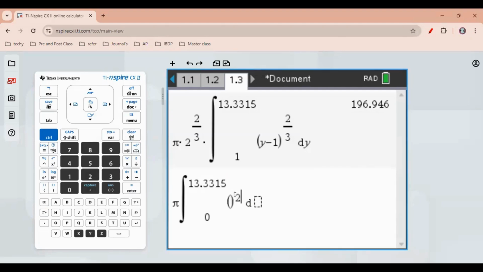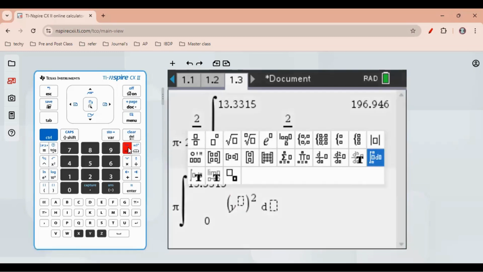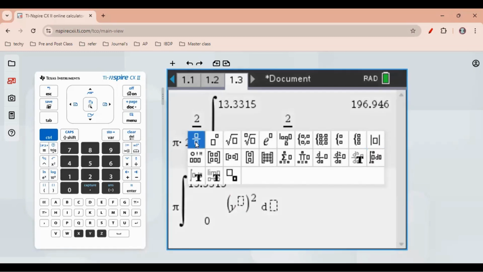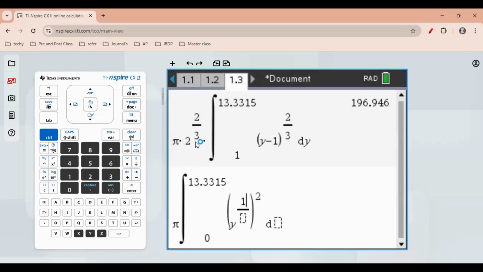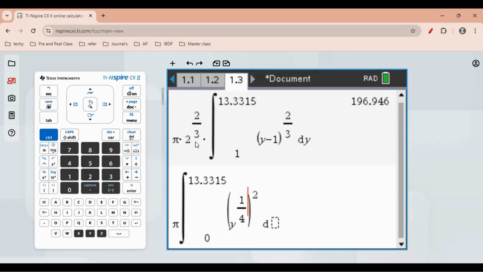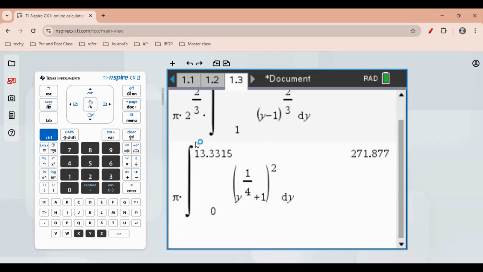Right? So insert the function carefully, y power 1 by 4 plus 1 the whole square and then dy. That's it, and click enter. We got 271.877 centimeter cubed. That's it. This is the outer surface volume.